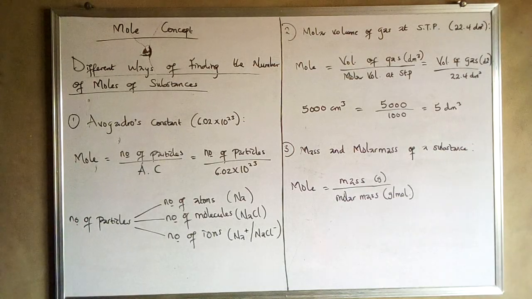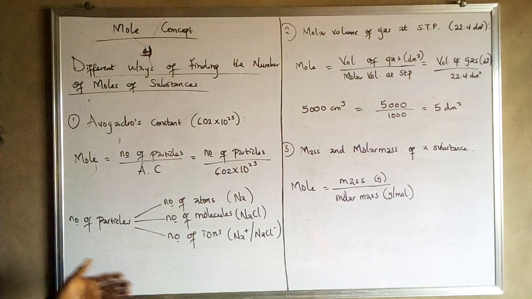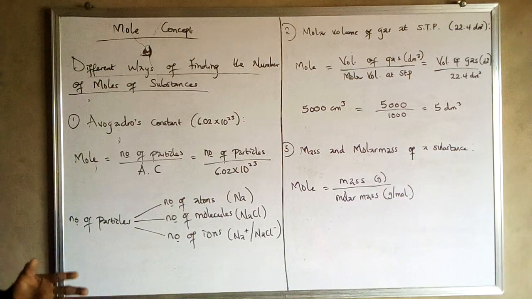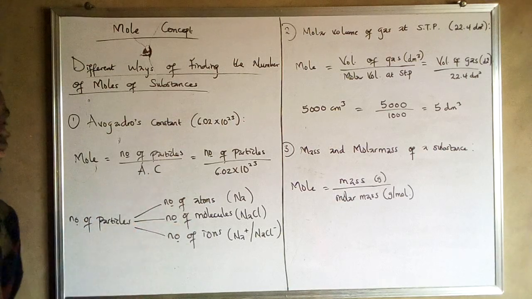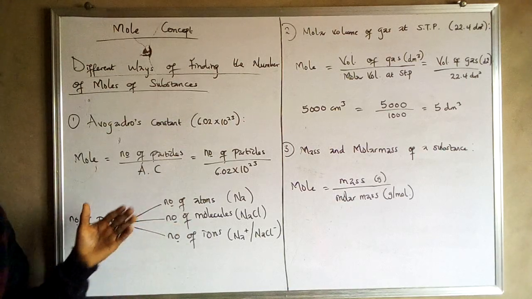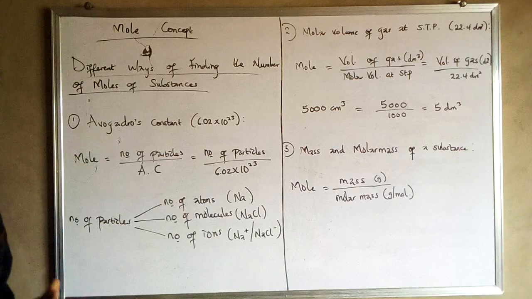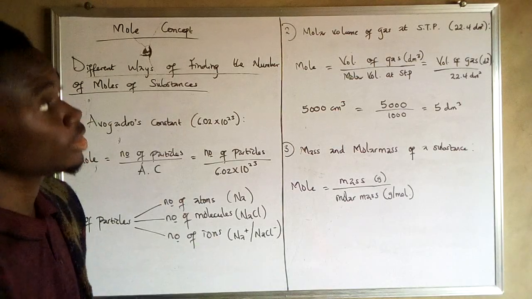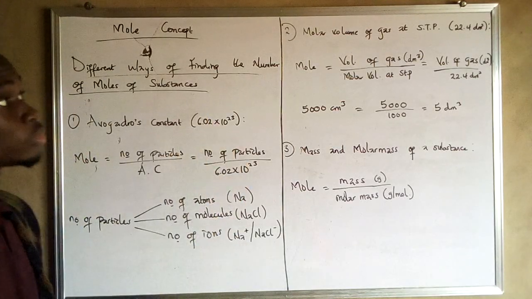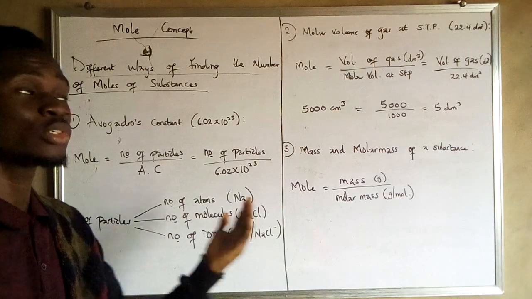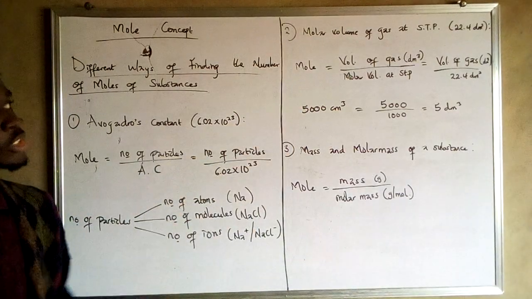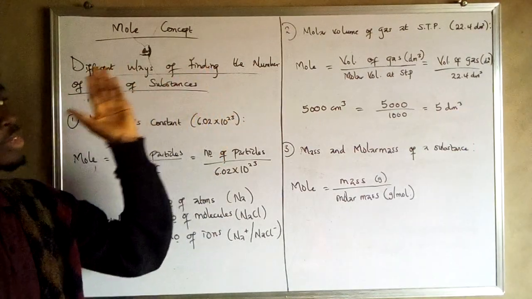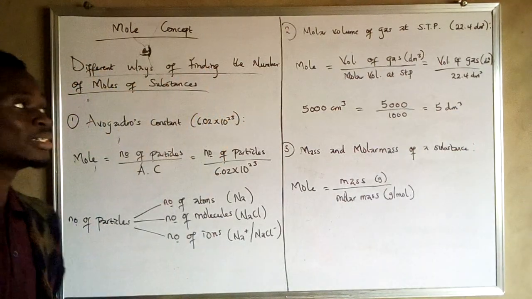If the values given in the question involve the Avogadro's constant and the number of particles, that is either number of atoms, molecules, or ions, we use this method. If the question involves the molar volume of gas at STP, which is 22.4 dm cube, we use this method, and we make sure the volume of the gas is in dm cube.